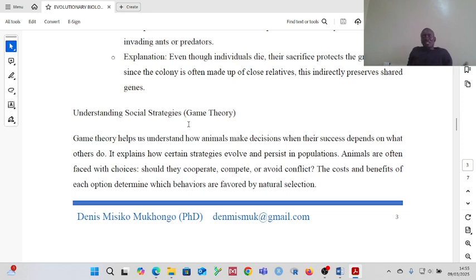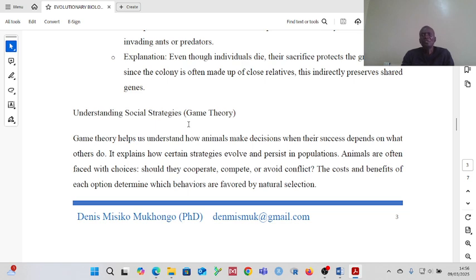So in most life situations, our day-to-day experiences, we are faced with choices. One, should you cooperate with whoever you are interacting with? Should you compete with whoever you are interacting with? Or do you want to avoid that interaction, avoid that conflict?